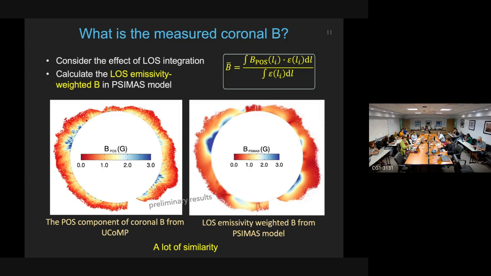I have an objection. You say the modeling is validating these observations. Shouldn't it be the other way around?